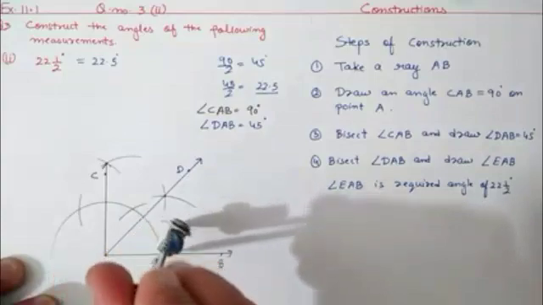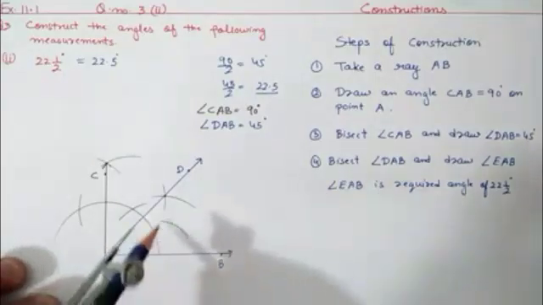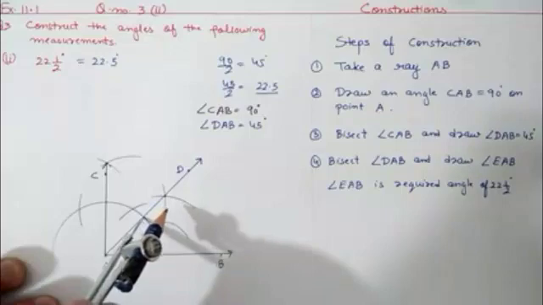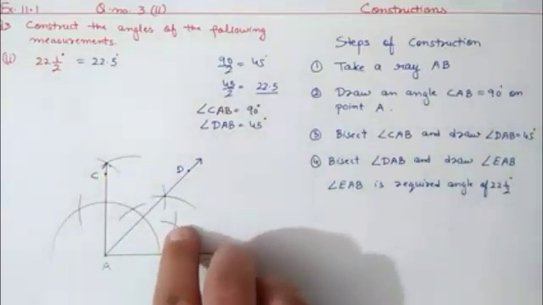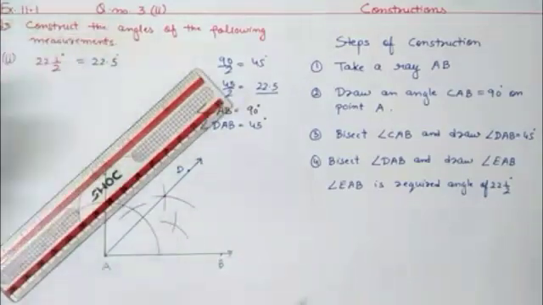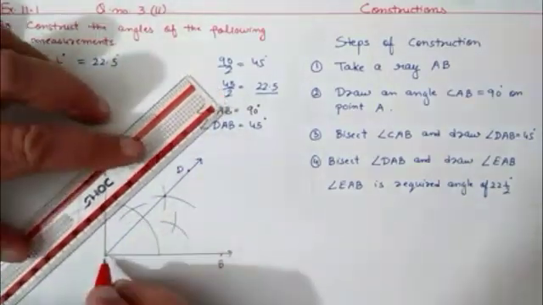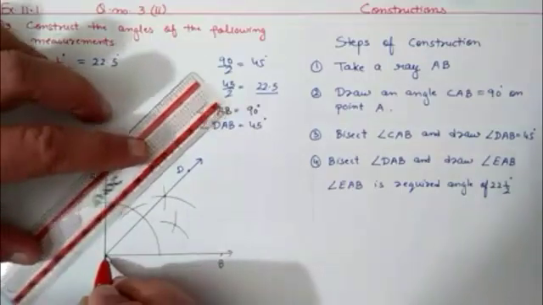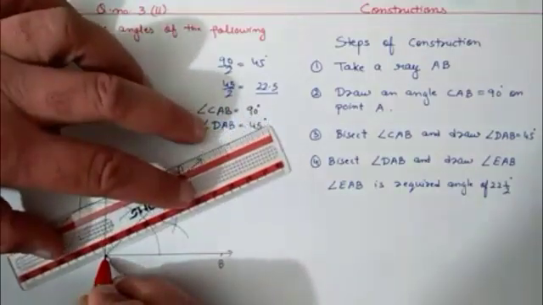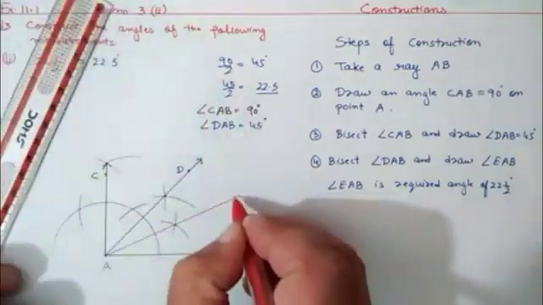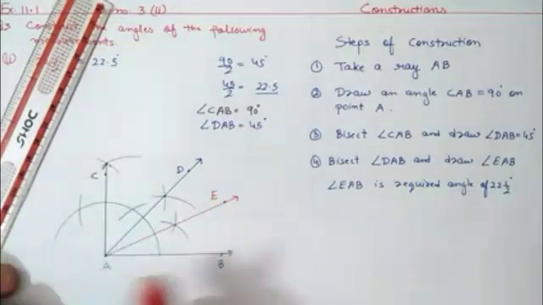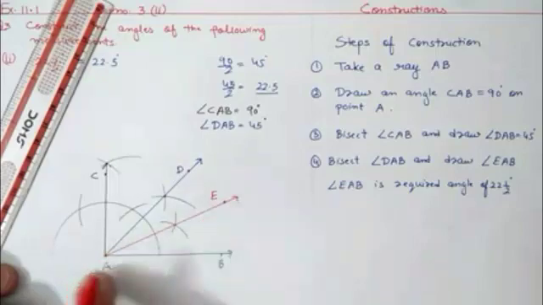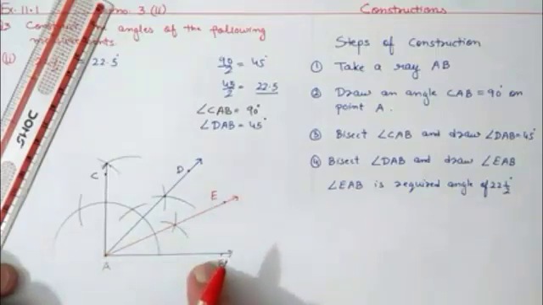Then we are constructing one arc from this point and another arc from the 45 degree line point. Okay, so we got here one more arc, and this is our half of 45 degree. So this is our 22.5 degree ray we will get over here. We will give the name E here. So this EAB line is our 22.5 degree.